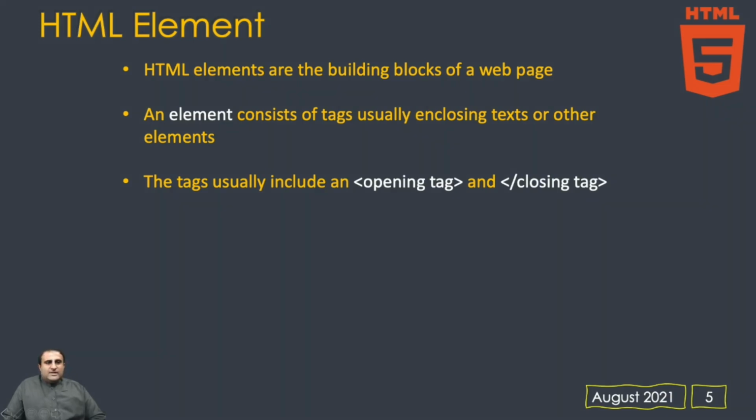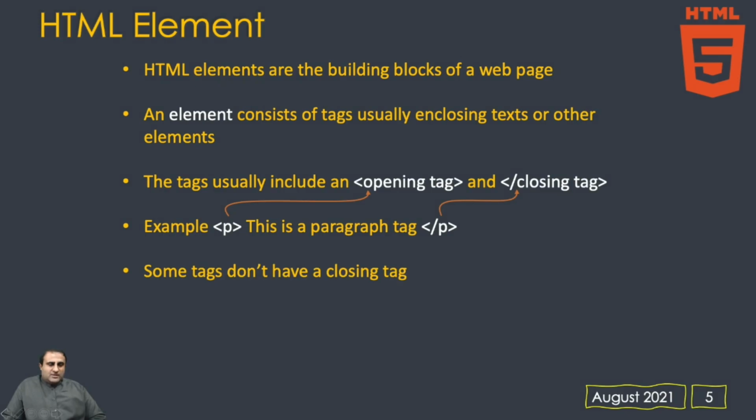The tags usually include an opening and a closing tag. So we have the opening tag, then some content, and then the closing tag. The example is a paragraph, so we have a p tag. P is the starting tag, and then we have the end tag, also p.